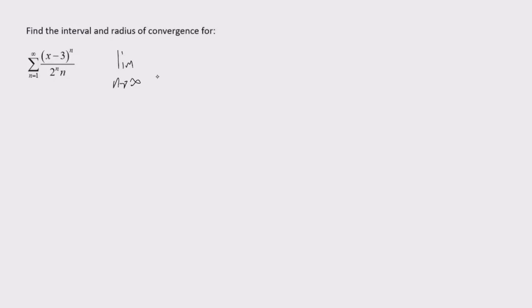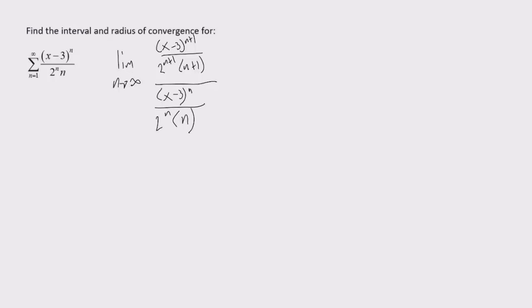And we want the n plus 1 term on top and the n term on bottom. So that's going to look like (x minus 3) to the n plus 1 over 2 to the n plus 1 times n plus 1. And then we have the n term on bottom, 2 to the n times n.